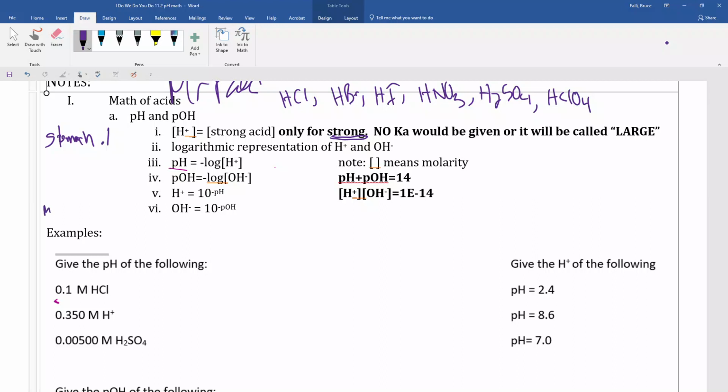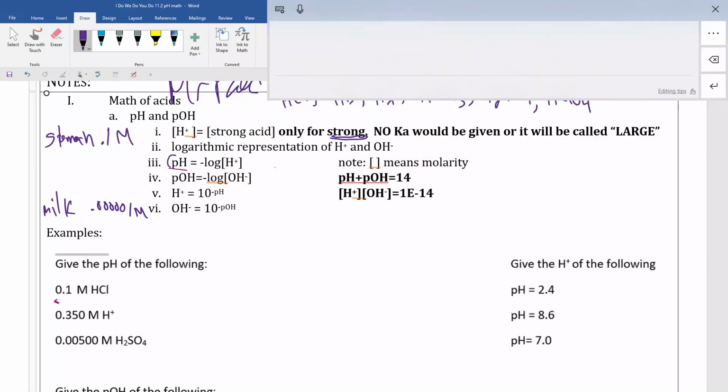Milk had a pH of 6, and that was 10 to the negative 6 molar. So notice how it's not 6 times, it's 100,000 times less acidic. Because the scale goes by a power of 10, the little p in pH stands for power of 10. So this stands for power of 10 of the H+, and that's it.